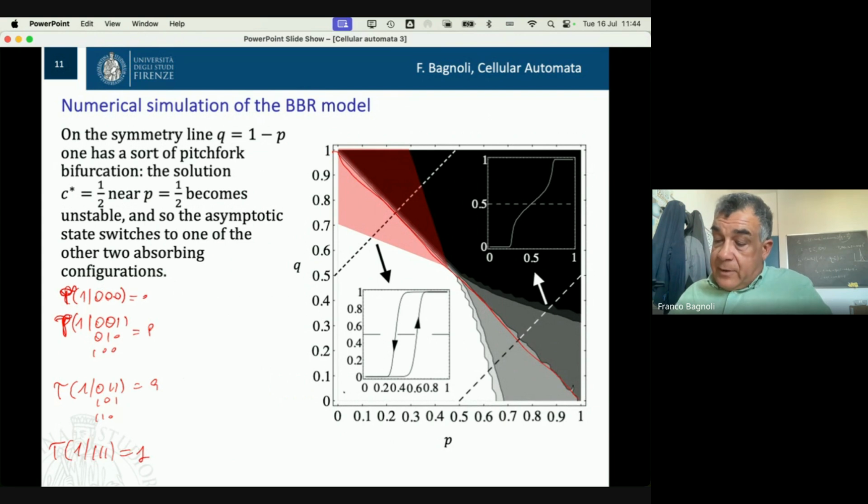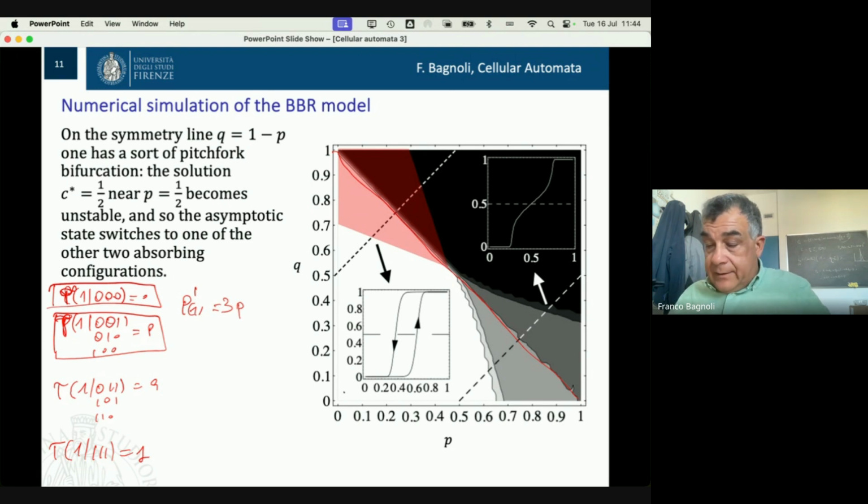So, what is the probability of having 1 at the next time step? This is given. This does not contribute. This contributes 3 times P, and the probability of having 2.